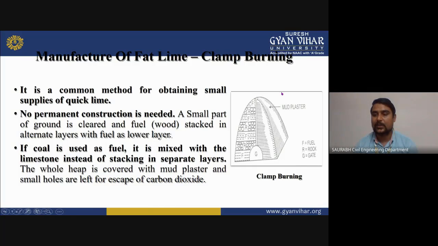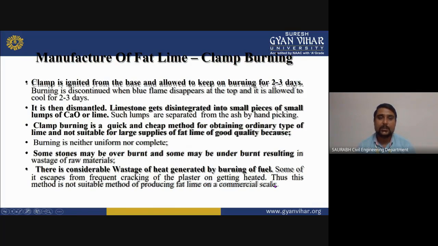As you can see, that is your mud plaster, and this is an image of clamp burning. These are the fuels, and these are the rocks, and this is the gate of that clamp burning. Now you will see how it works. The clamp is ignited from the base and allowed to keep on burning for 2 or 3 days.